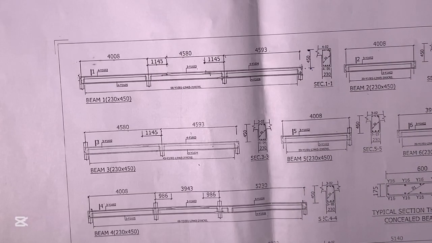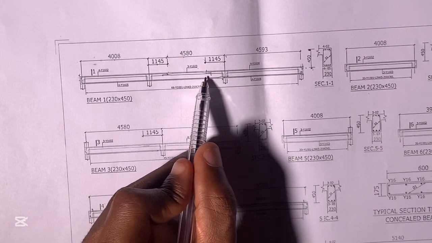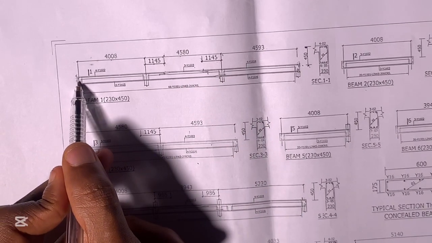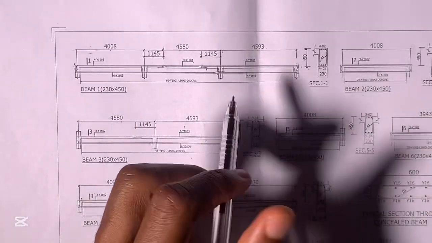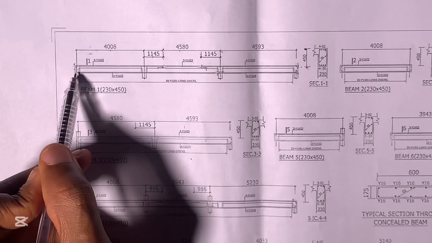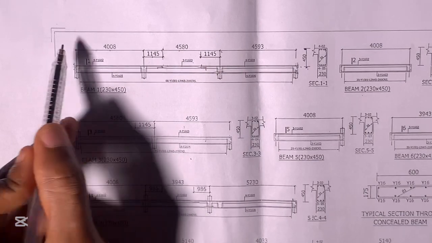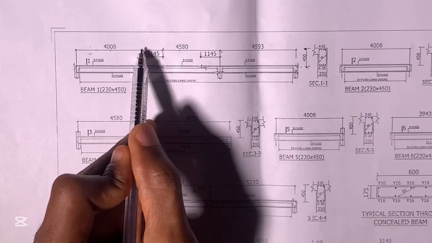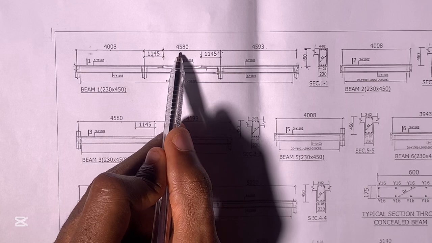So the last reinforcement we're going to be looking at will be the reinforcement that is inside here from this point down to this end, including the bend. So now how do you determine the length of this reinforcement from this point down to this point? Now they told us that the center to center dimension from here to here is 4,008. From here to here is 4,580.